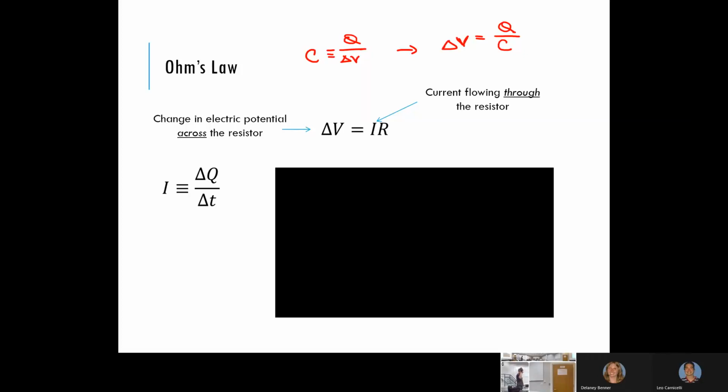You've seen Ohm's law? You've seen this before? No? Okay. Well, then I'm going to put it up there. So what the resistor does, a different way to think about resistance, is that resistance is the constant of proportionality between an applied potential and the resulting current.